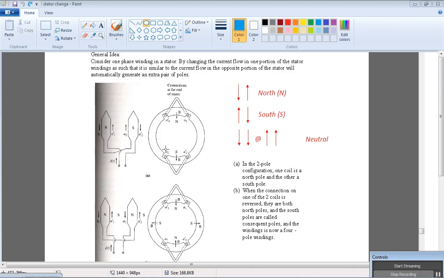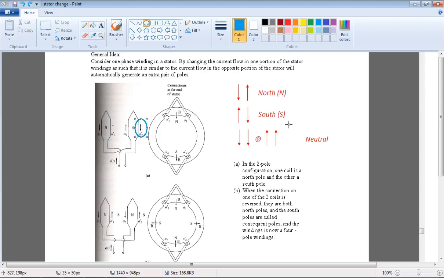From figure A, current in from the right side and out at the left side will produce a north pole. However, in from the left side and out at the right side will produce a south pole. In this case, in between there are no consequent poles generated because both are pointing upward.